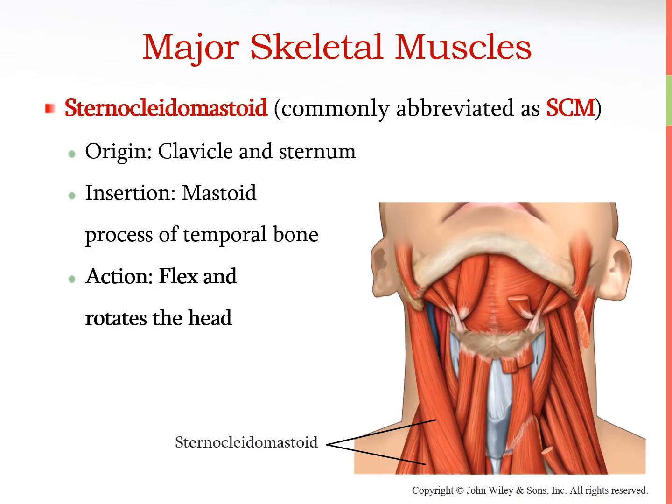When these muscles contract, they may contract together or independently, and then they create different motions. So when they contract together, they cause flexion of the head, and when they contract independently, they cause rotation and lateral flexion of the head.